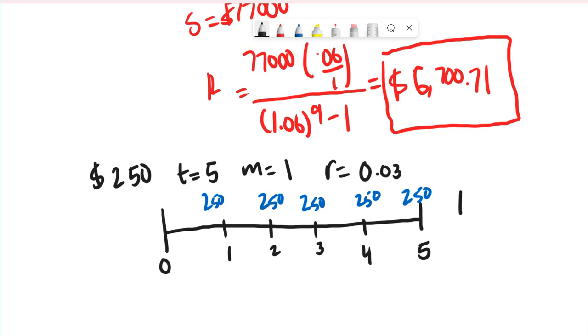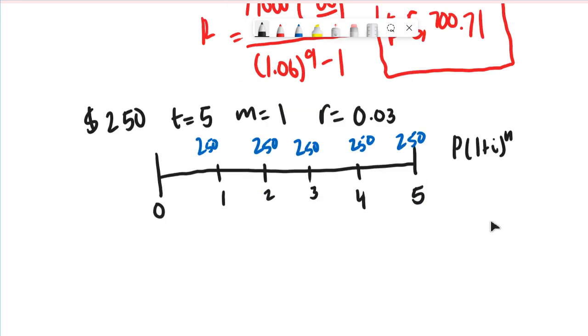To do that, you use the formula, the present value times 1 plus i raised to the n. That means you're going to have the 250 by itself, because when it's first deposited, nothing is earned.